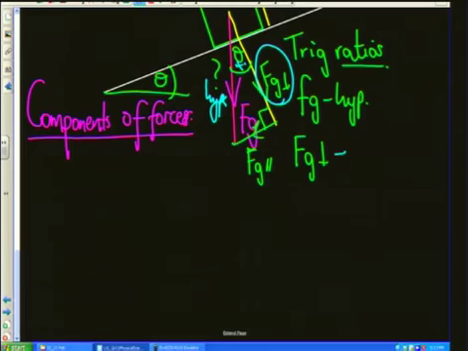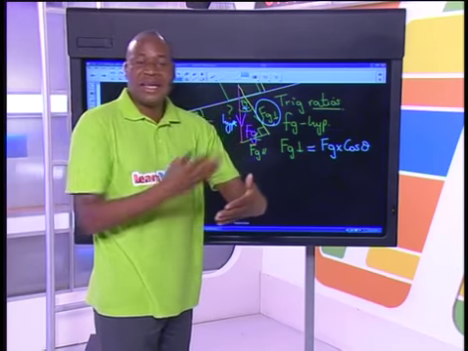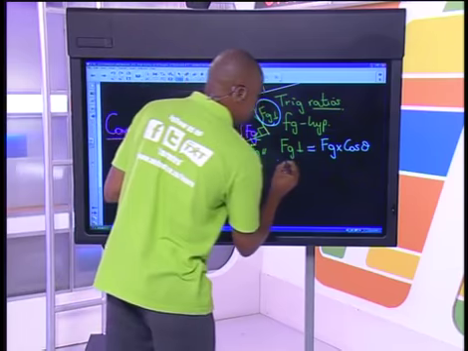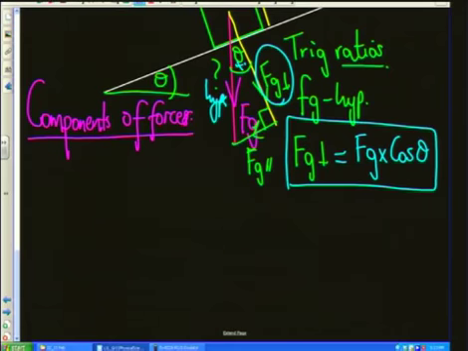So Fg perpendicular should be given by this Fg, which we know will be given by mg, mass times gravitational acceleration, times the cosine of the angle, because it is the cos that gives the relationship between the adjacent side and the hypotenuse of a right-angled triangle. So I have already established how I am going to find the vertical component there.